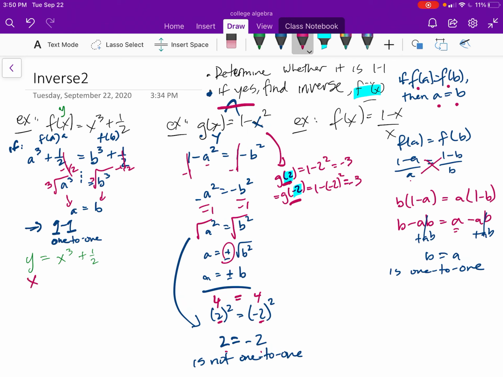So it now becomes x equals y to the third plus 1/2. I change the x and the y. But to find the inverse function, we need to solve for y again. So subtract 1/2 on both sides. And then to get rid of a third, we do the cube root.